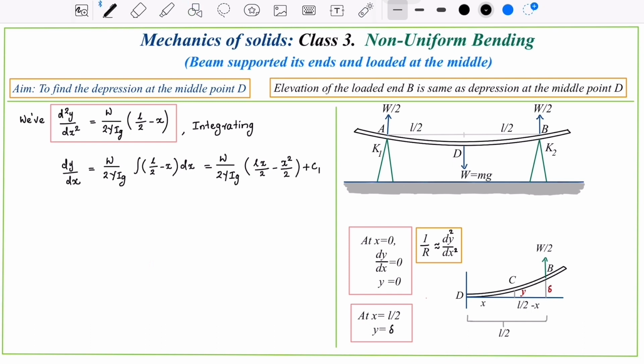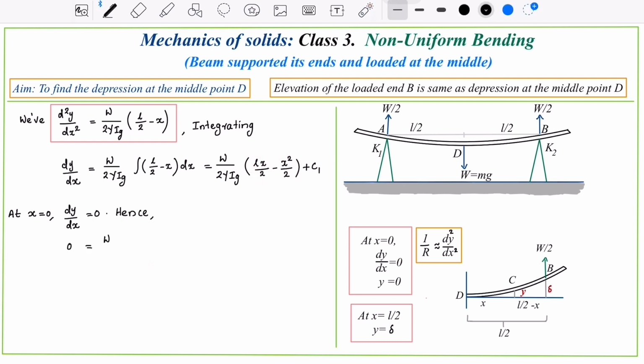Now we have to evaluate this constant of integration. So how do you evaluate the constant of integration? We have at x is equal to 0, dy by dx is equal to 0. x is equal to 0 means x starts from the middle point. At the middle point we have seen that there is no elevation. So at x is equal to 0 we have y is equal to 0, also dy by dx is 0. Hence, just substitute dy by dx is equal to 0 on the LHS and x is equal to 0 on the RHS.